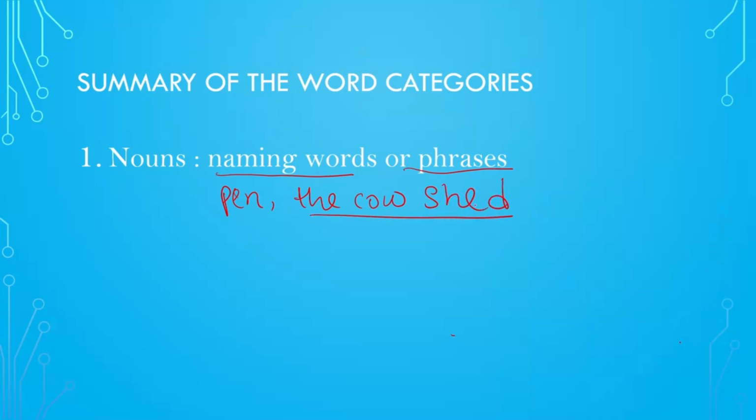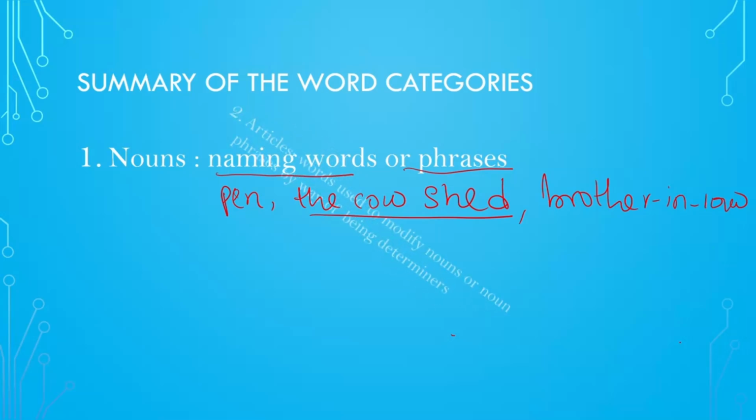All of this qualifies to be called a noun phrase, right? So here it's either one word or a whole phrase. Yet you still have some nouns which are formed by a combination of more than one word, like, for example, brother-in-law. Okay, so a noun can either be a naming word or a phrase.